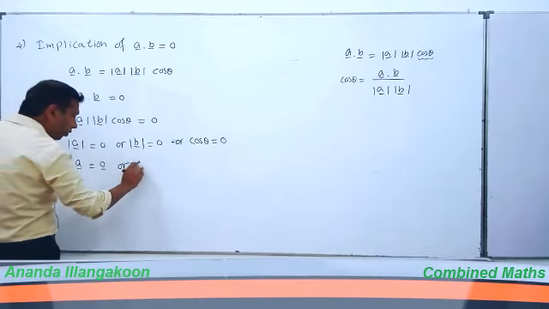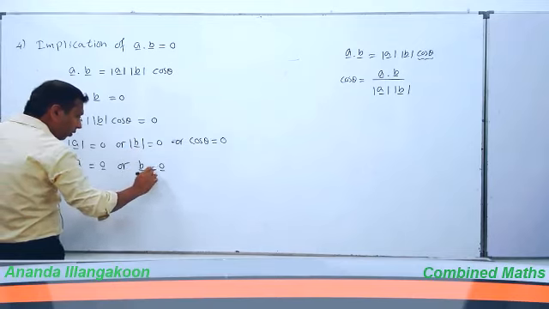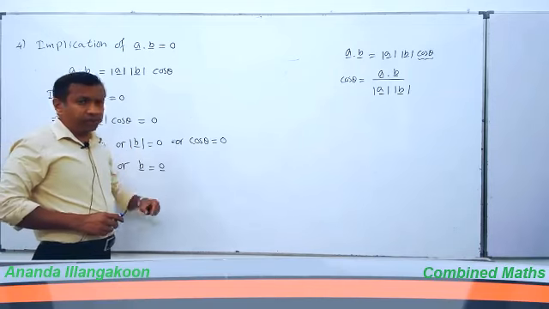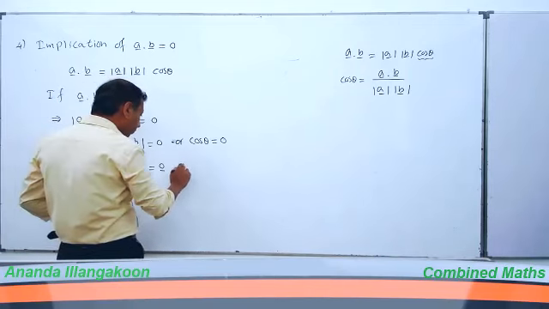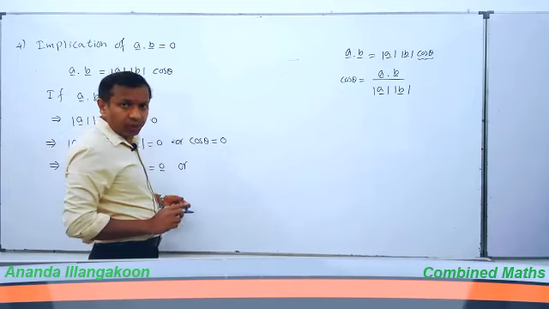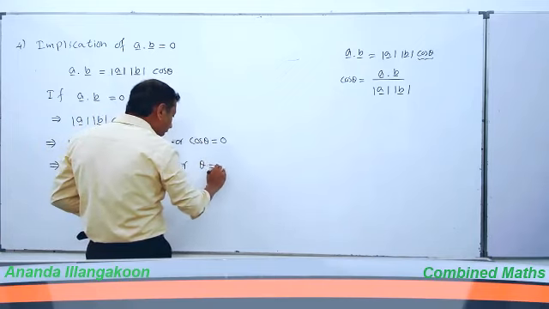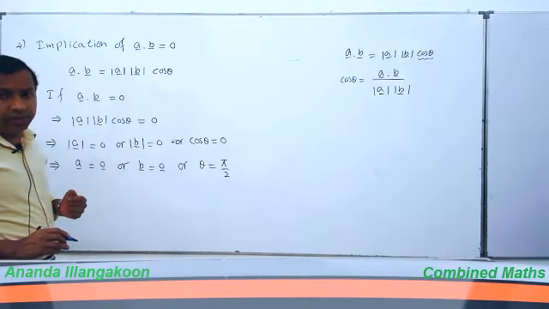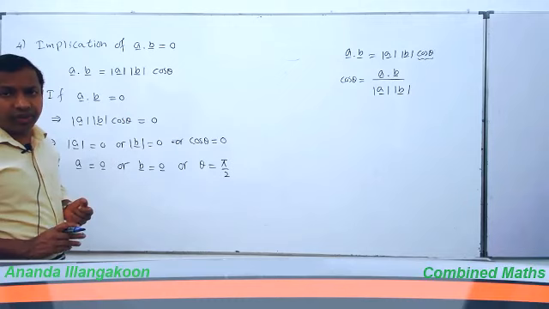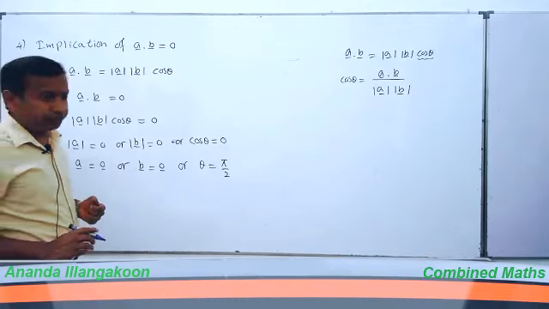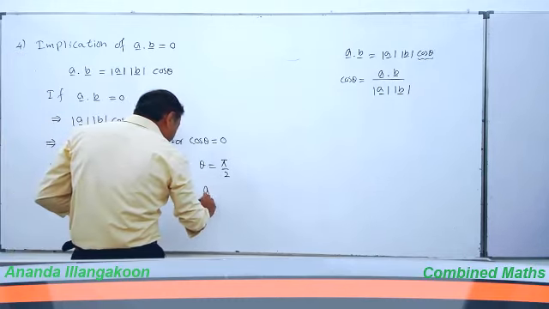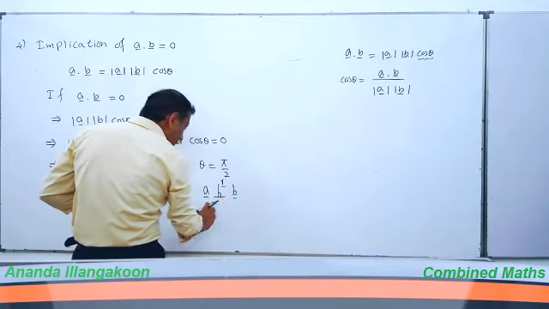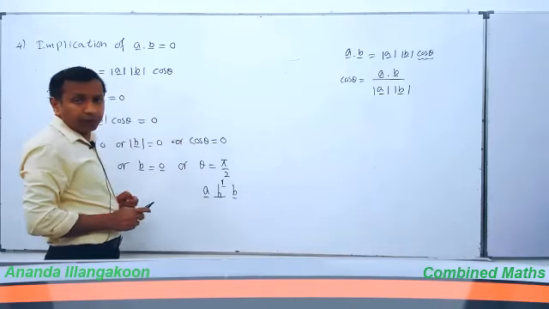Or mod B equals 0 means vector B should be a null vector. Or cos theta equals 0 means theta should be 90 degrees, pi by 2. Theta 90 means the two vectors A and B are perpendicular to each other. This means vector A is perpendicular to vector B. This is how we write perpendicular in short form.